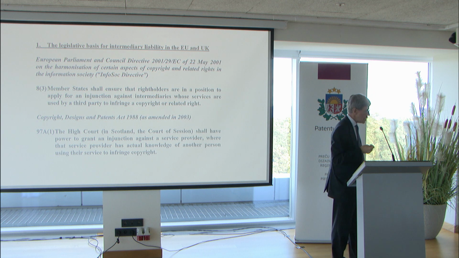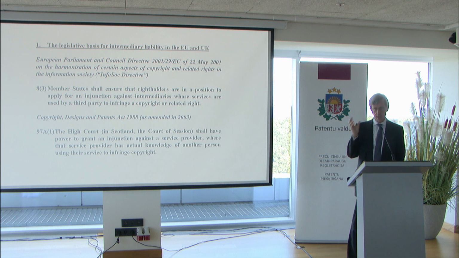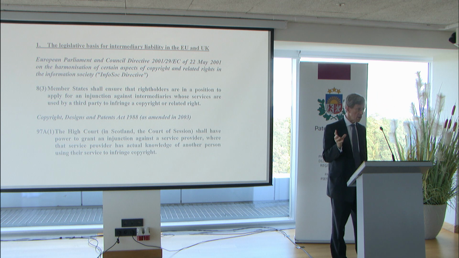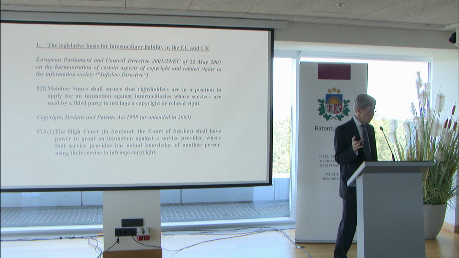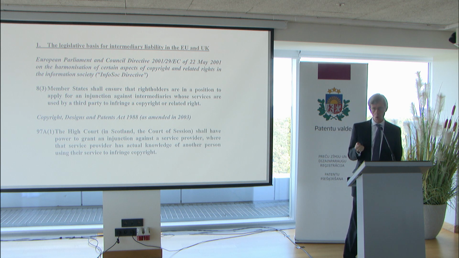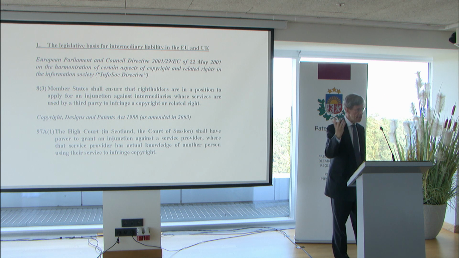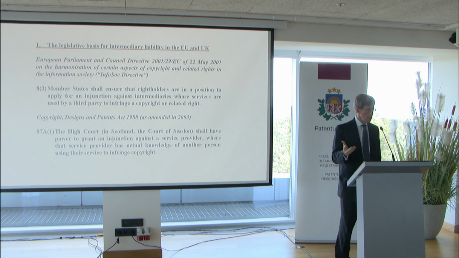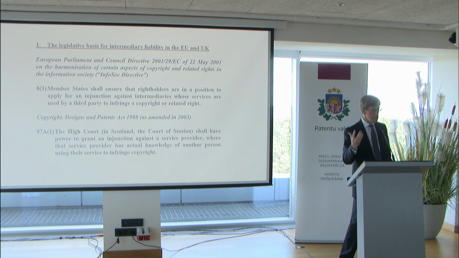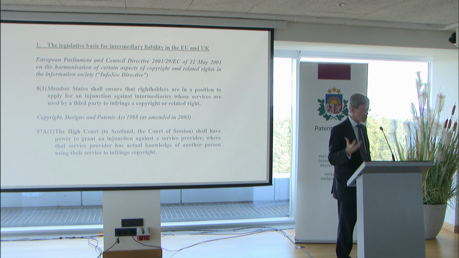Now, in the context of EU law, an important point to understand is that when we are talking about primary liability, there is a great deal of harmonisation of EU intellectual property law. So you've been learning yesterday and today about a lot of, in particular, copyright law, which, as has been explained to you, is substantially harmonised.